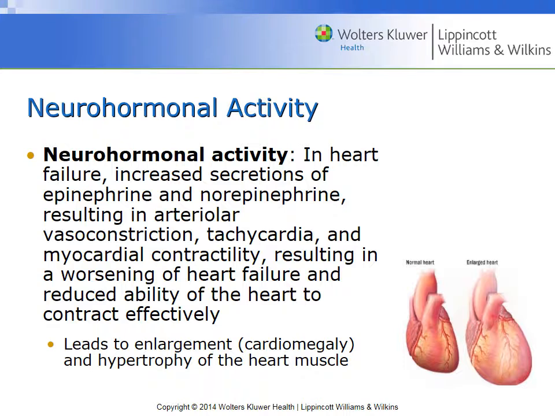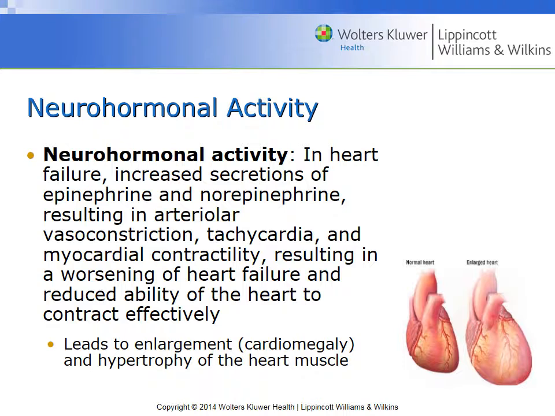So it makes more and more epinephrine, and that causes vasoconstriction, tachycardia, all of those things that happen in the flight or fight response. Because remember, they're the neurotransmitters that activate the sympathetic nervous system. So it actually worsens the heart failure and it reduces the ability of the heart to contract effectively.